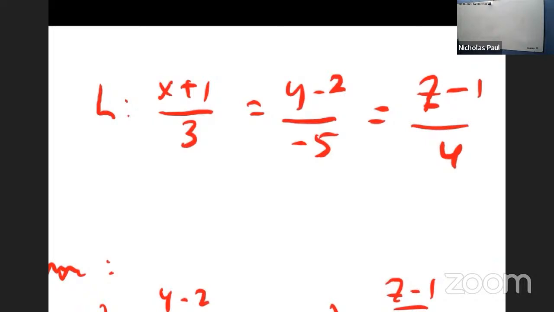Find the parametric; you could use a constant as lambda, and get the next one.